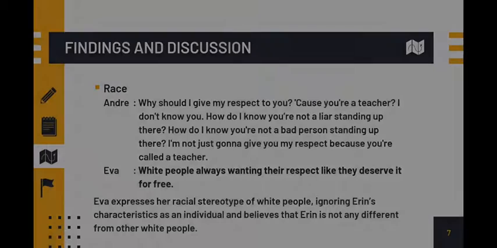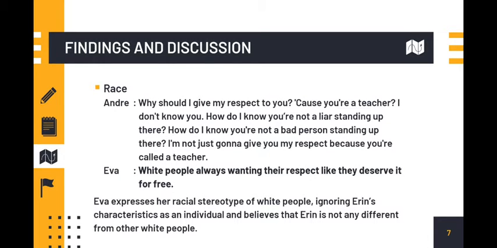And the next stereotype is race. So here is a dialogue between Andre and Eva, who are Erin's students. Andre is complaining why he has to pay respect to Erin, despite her being his teacher. He doesn't know Erin very well, so he's assuming that she might be a bad person.